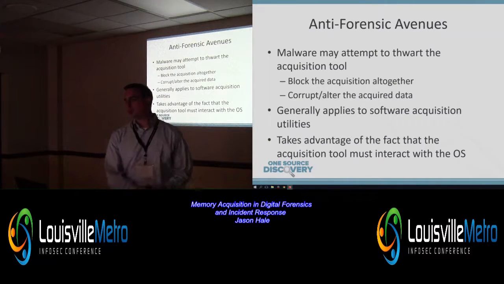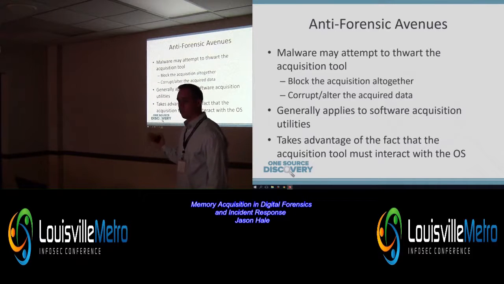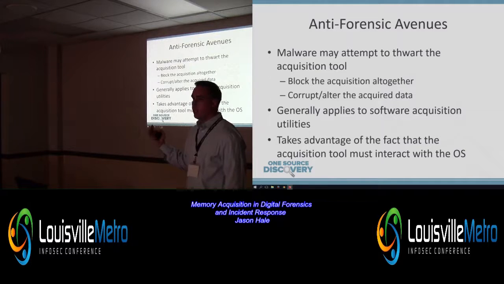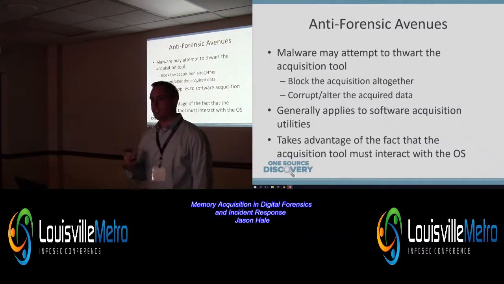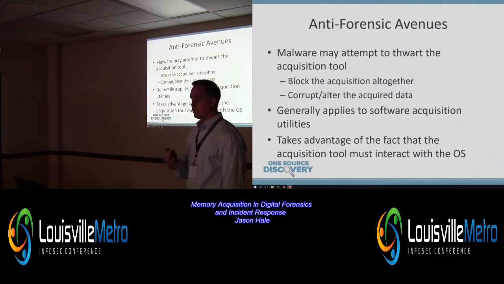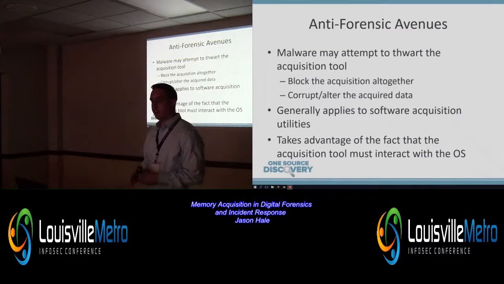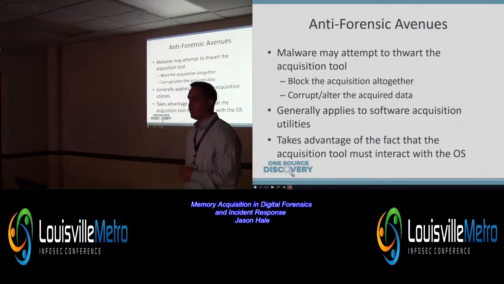We are forced to some degree to trust the operating system from which we're trying to acquire memory, which in the concept of memory forensics and incident response, we don't like having to trust the operating system, but it's something that if we're running software on it, we kind of inherently do. So that's what these tools are taking advantage of.